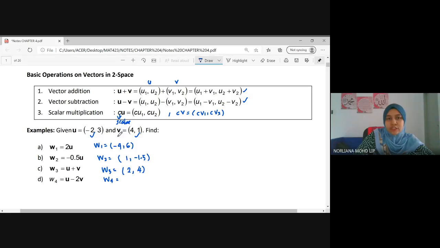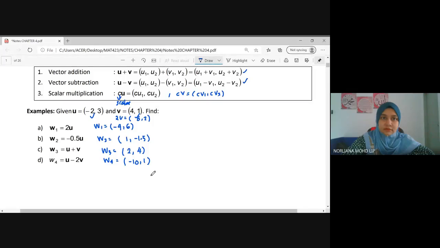We find the 2v first. 2v equals 8, 2. And then we subtract. So negative 2 minus 8, so negative 10. And 3 minus 2 is 1. So this is an example of vectors in two space.